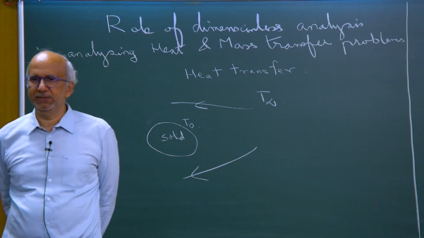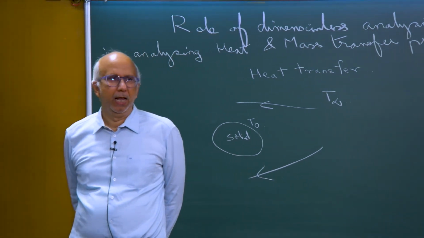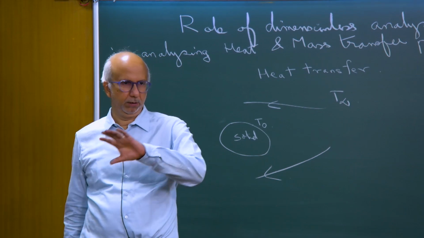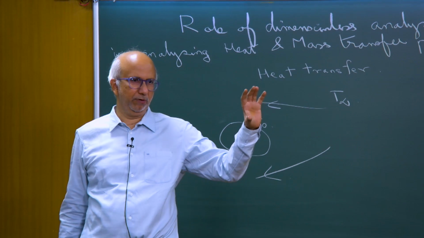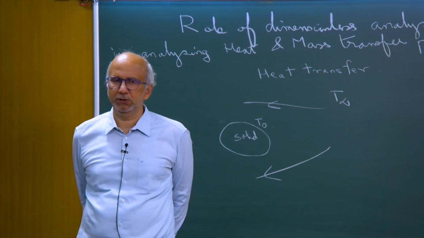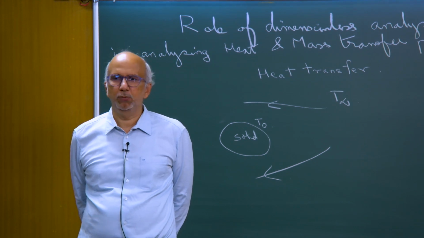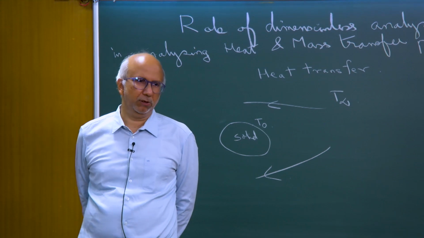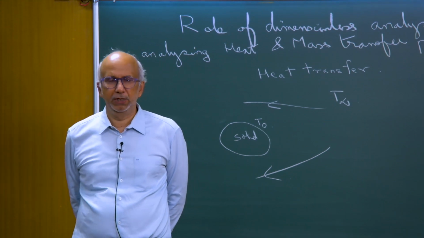T infinity is the temperature far away, and you have this body with the liquid flowing, and again to keep things precise, let us assume T0 is more than T infinity. So, what will happen is there is going to be heat loss from the solid body to the colder liquid, okay.